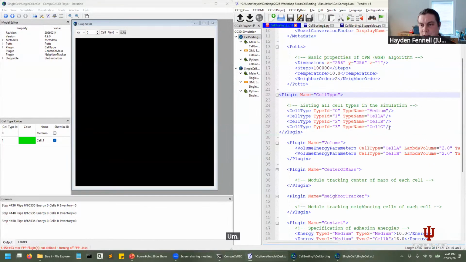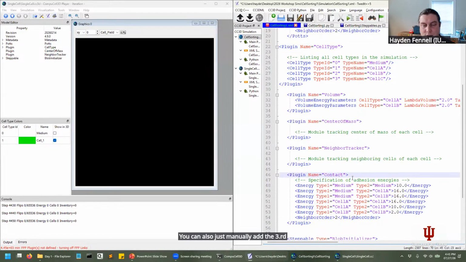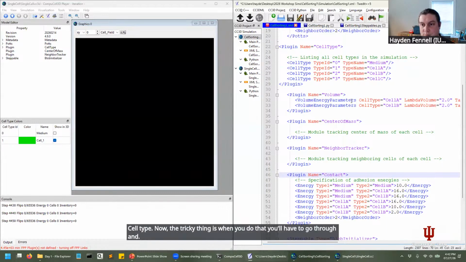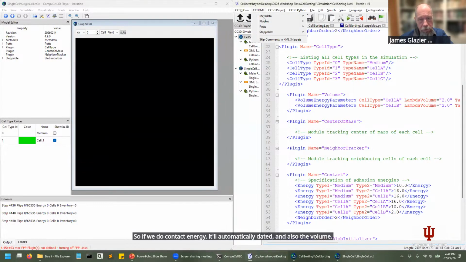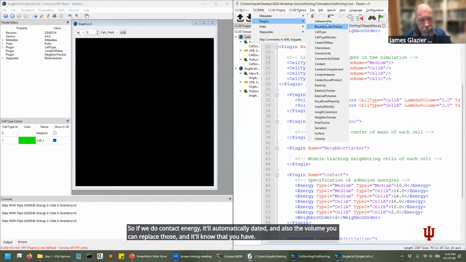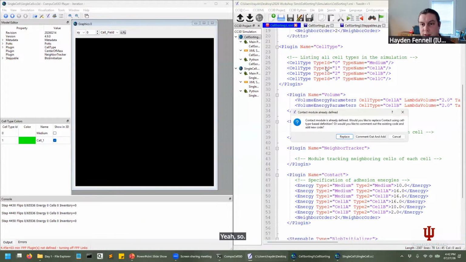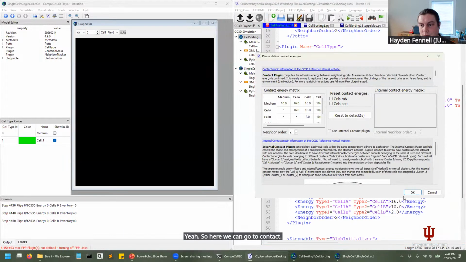You can also just manually add the third cell type. Now, the tricky thing is when you do that, you'll have to go through and update your other plugins. So if we do contact energy, it'll automatically update it, and also the volume, we can replace those. And it'll know that you have a third cell type. So here we can go to contact to replace.